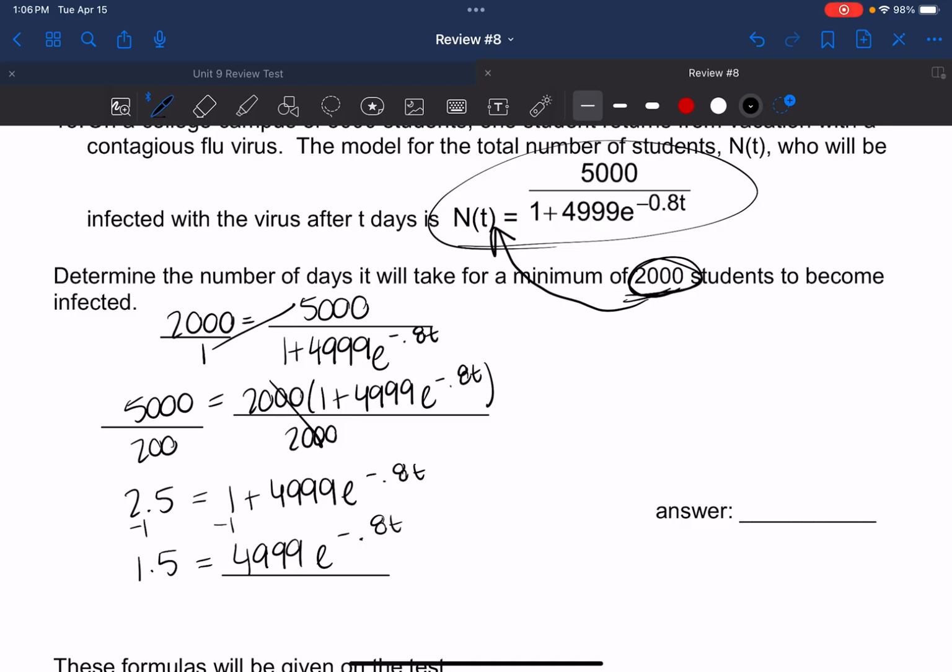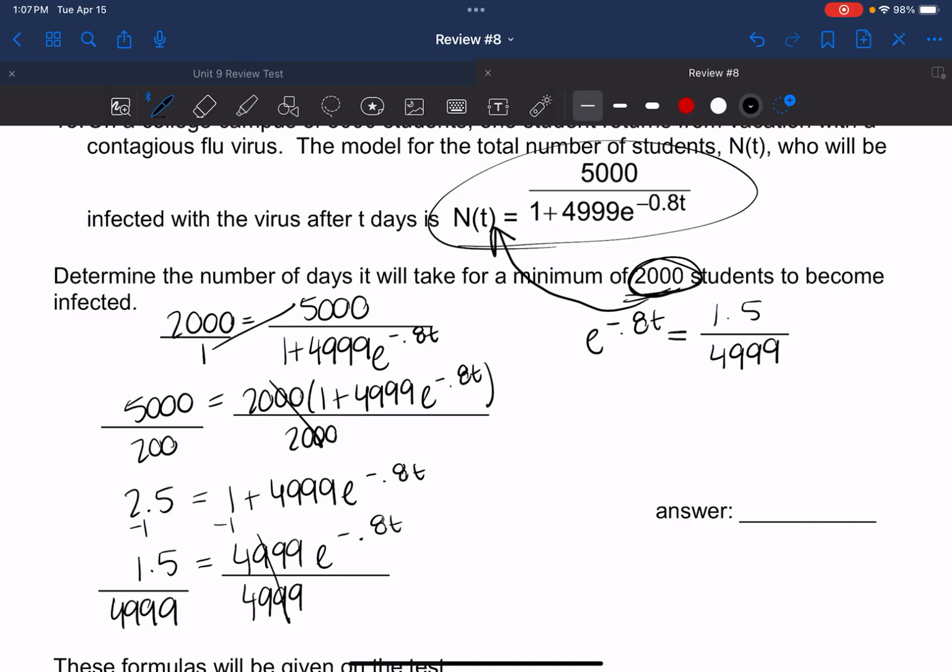So now I'm going to divide by that 4,999. So that'll divide out. And now I've got e to the negative 0.8t is equal to 1.5 over 4,999. All right, t is in an exponent.